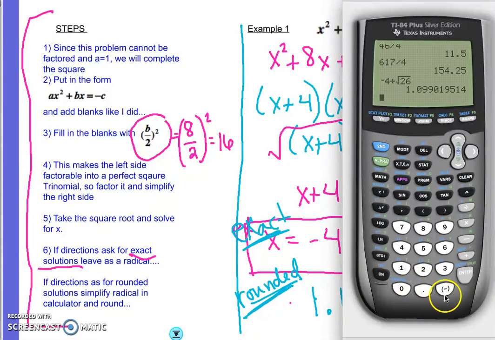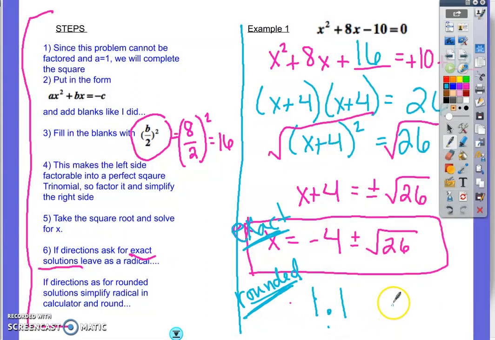And negative 4 minus the square root of 26 is negative 9.1. Okay, negative 9.1. So those are the rounded solutions.